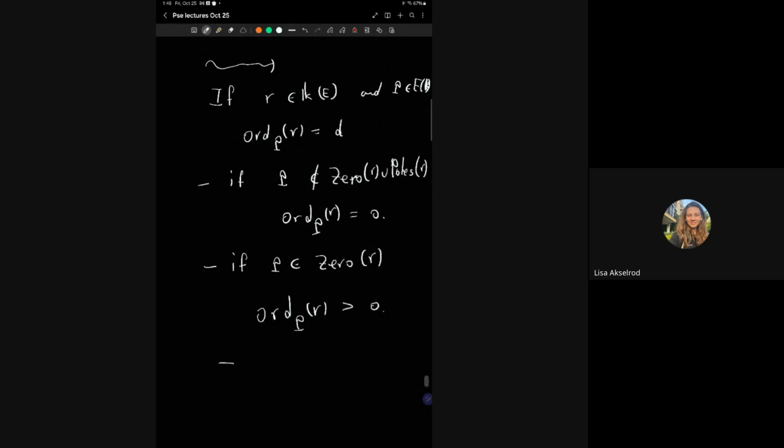And if it is a pole of R, then the order of R at P is negative. Questions so far?